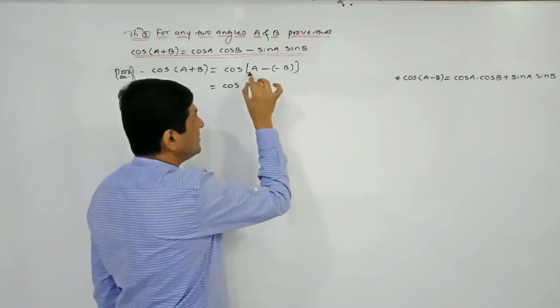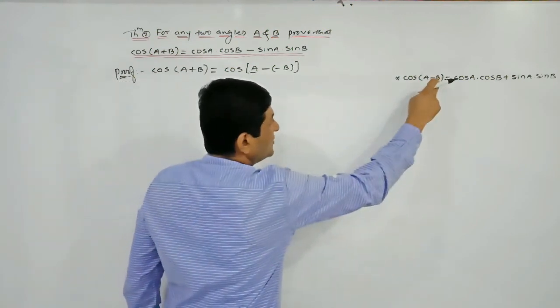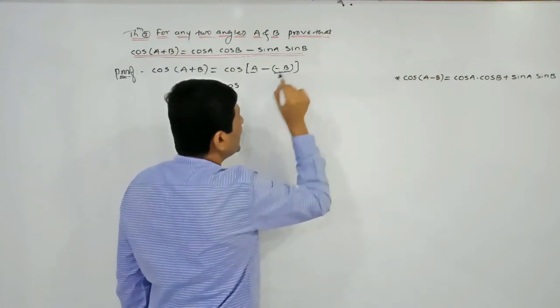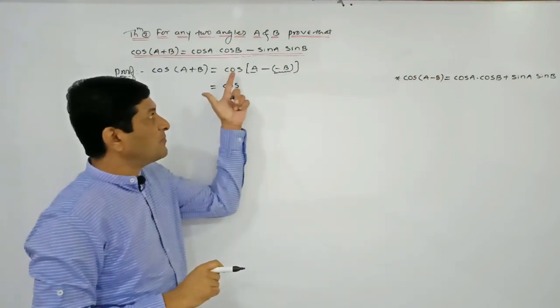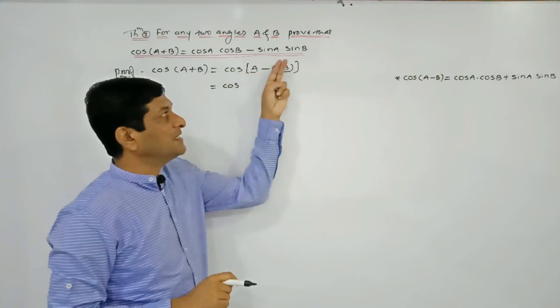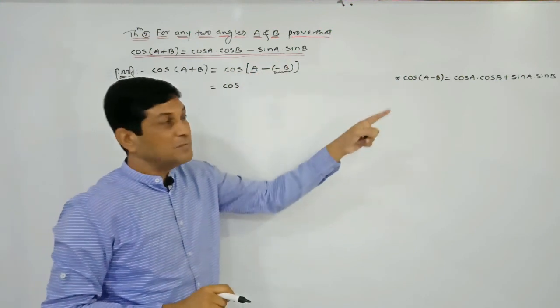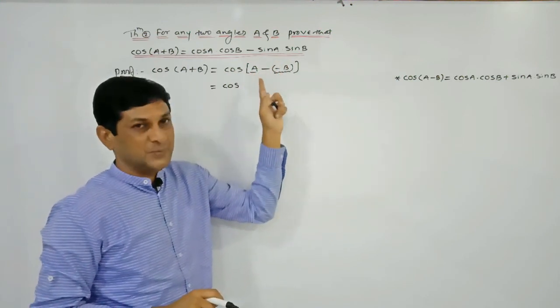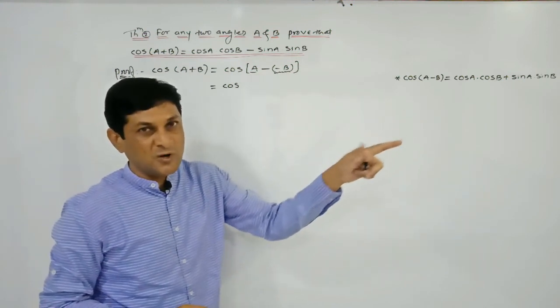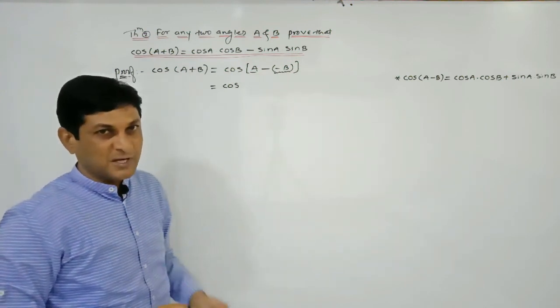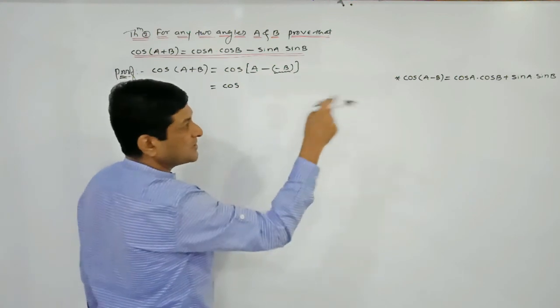We are just trying to arrange the terms in the form of this formula. So now here the value of A is A, but the value of B is minus B. The terms are in the form of cos(A minus B), but B is nothing but minus B here. Now that we have proved this formula, we can apply it. According to this formula, what result will we get?